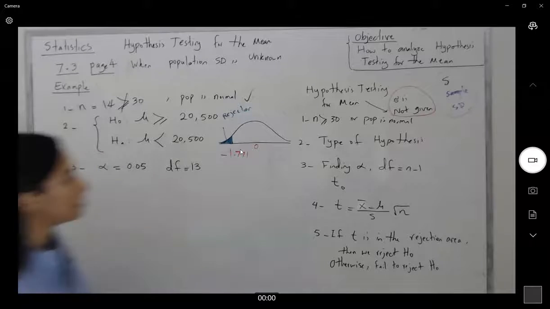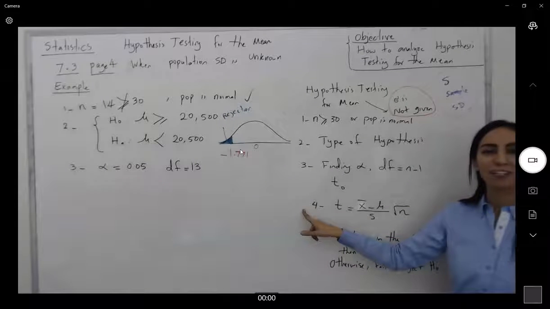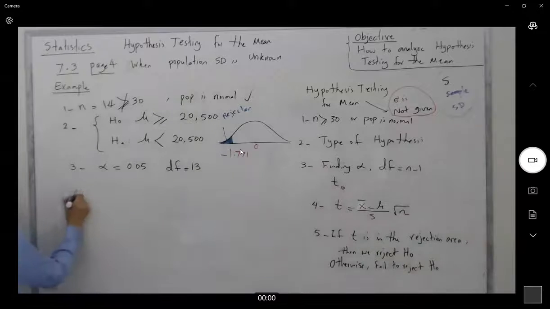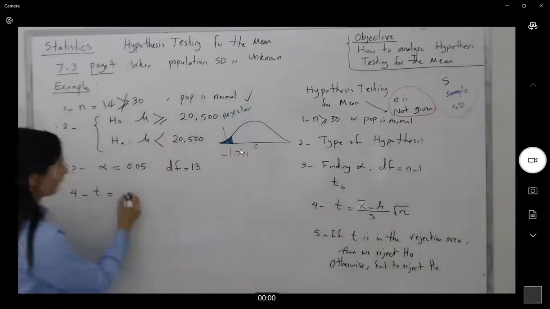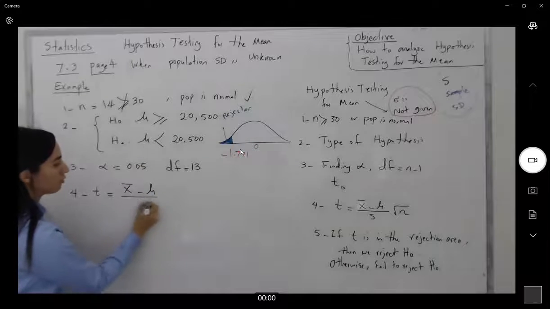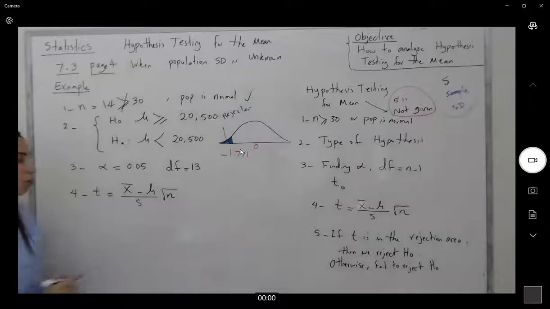So what is the next step? Step 4, we need to find our standardized test statistic. t is equal to x bar minus mu divided by s times square root of n. What is x bar?